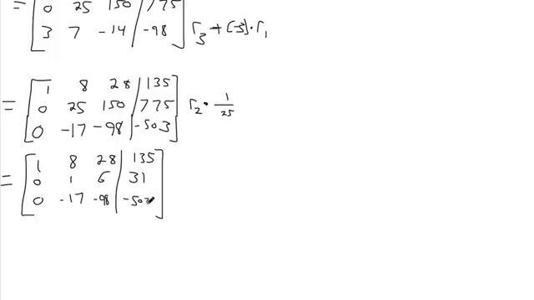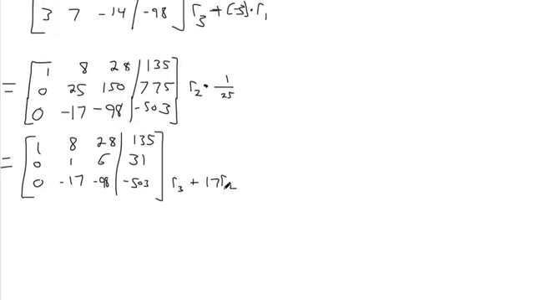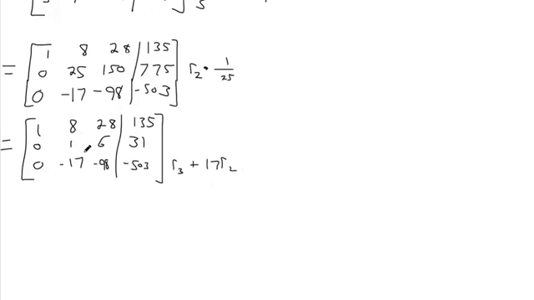Remember, for row reduced echelon form, we want to make this be a 0, because everything to the left of our 1s is eventually going to be a 0. I'm going to change row 3, add 17 times row 2 to it. 17 times 1 is 17. Adding that makes that cancel out.